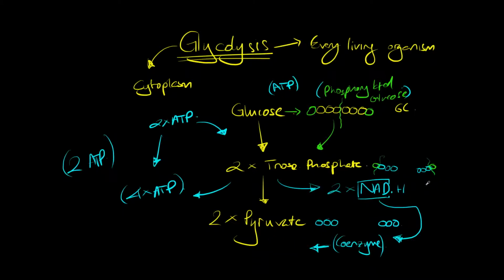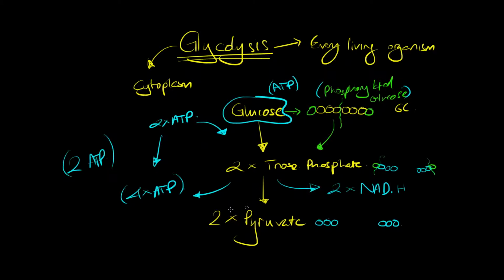Out of this process you also get 4 ATPs out, which is not the only thing that you get from this process. You also get an output of 2 molecules of NADH, which is reduced NAD. Now what is NAD, you might be asking?